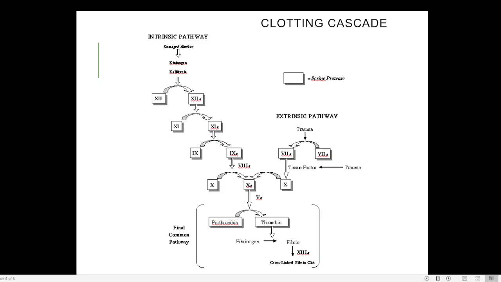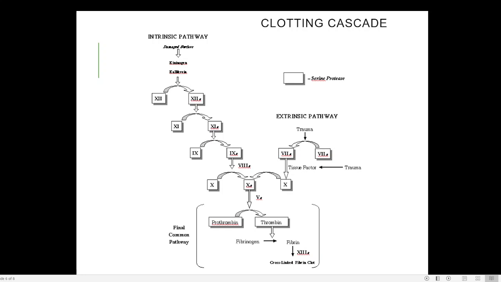So this is the basic event. These fibrin threads are the main factor helping in the formation of the clot. Here you can see how a clot appears. Now, fibrin is not normally present in our blood. But there is a precursor substance known as fibrinogen present in the blood.